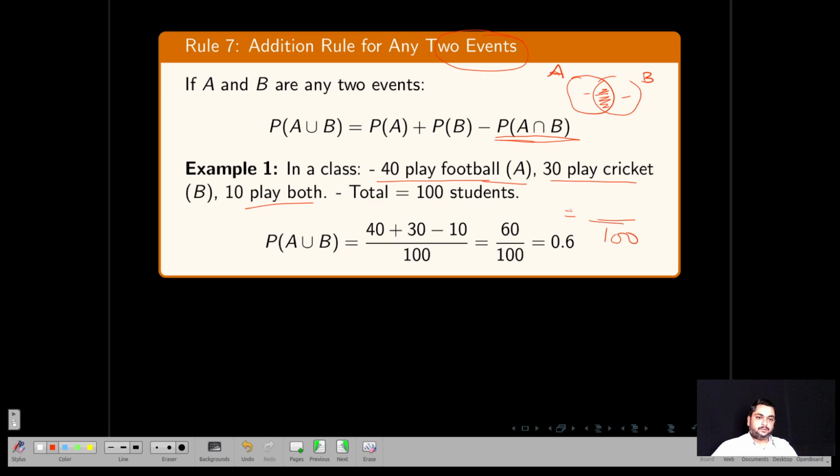You have to find A union B. How will you find it? 40 play football, then 30 play cricket, then 10 play both. That means you are counting 10 two times. So football plus cricket minus both, and that will be 0.6.